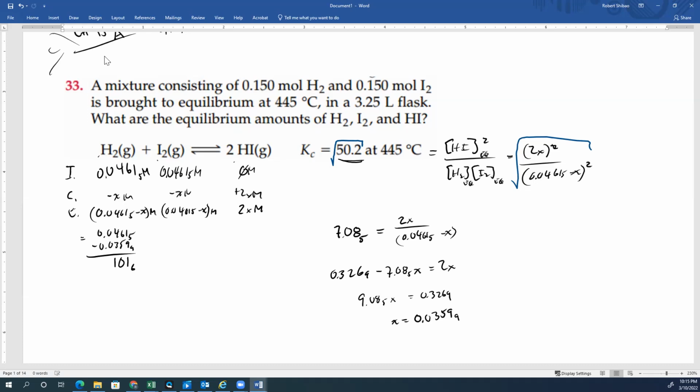This is going to be 1, 0. So I get 0.01016 molar here. This is going to be the same, 0.01016 molar here. And over here, it's going to be 2x. 2x is going to be 0.07. What is that? 3599. I have this in my calculator, so I'll just do it.